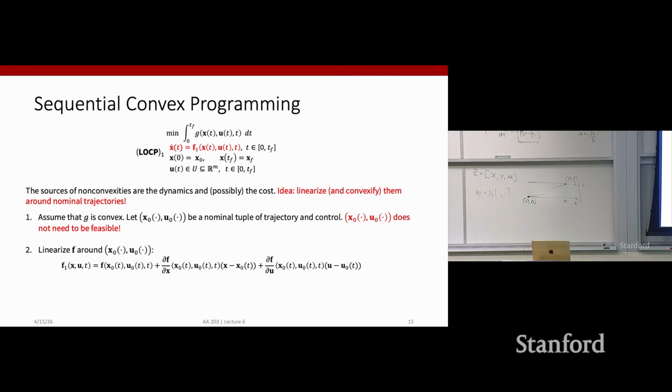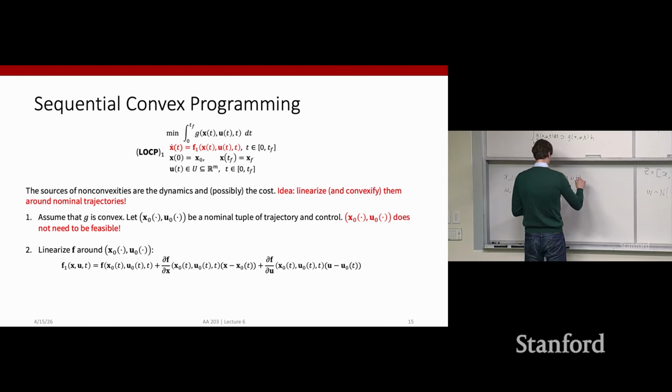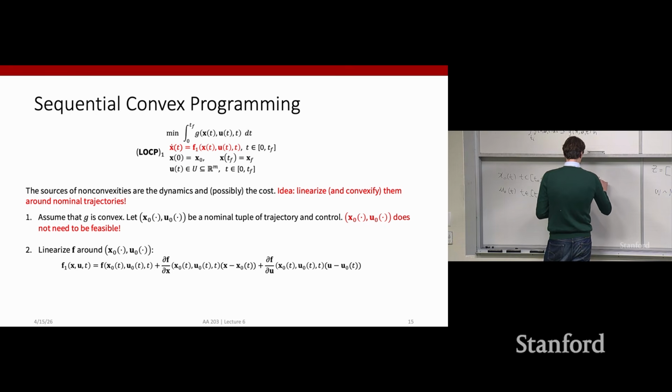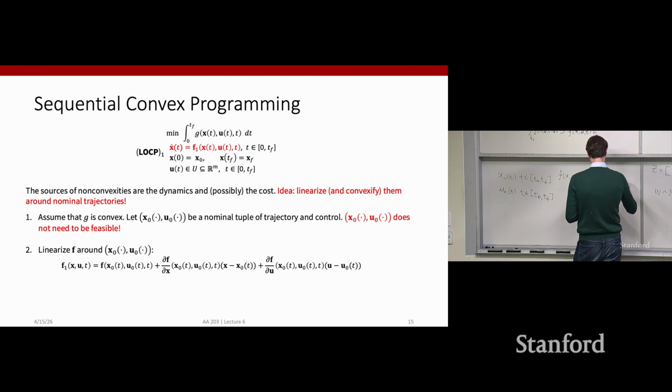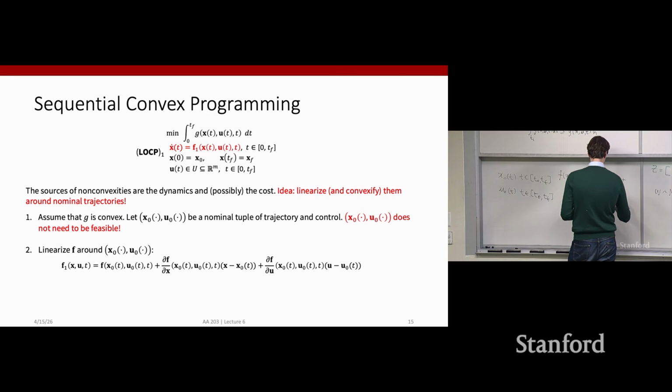So we know that f(x, u, t) can be approximated as f evaluated at the nominal trajectory x0, u0, t, plus the Jacobian, the derivative of f with respect to x, times the difference x minus x0, plus the derivative of f with respect to u times u minus u0. Plus, here we would have higher order terms.